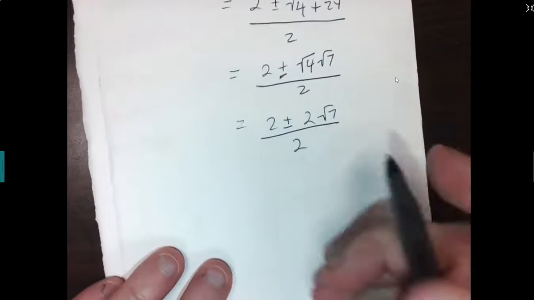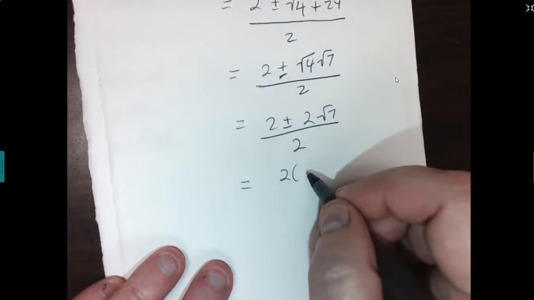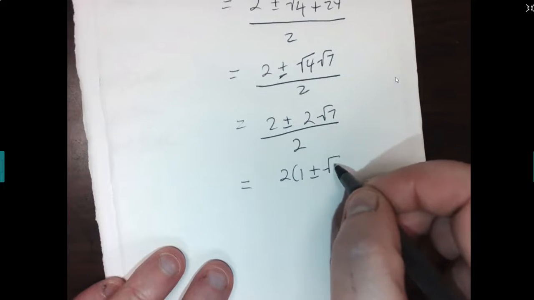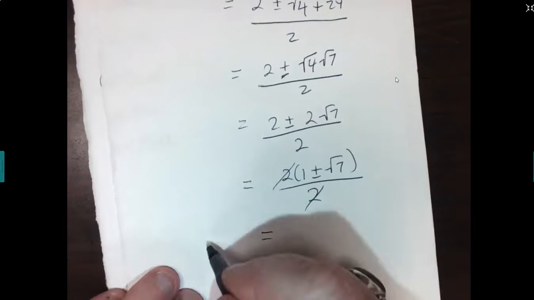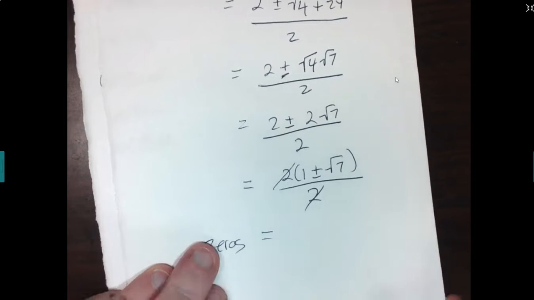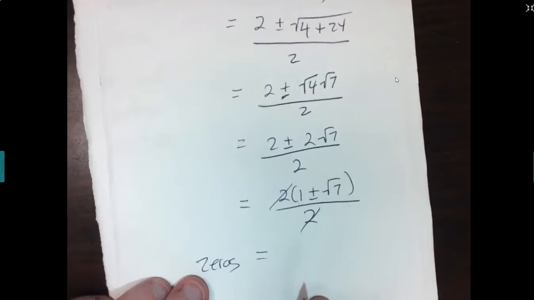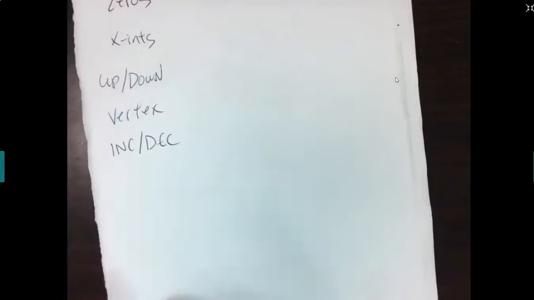Okay. Now I can factor a 2 out of the numerator. And now the 2's cancel. So I have two zeros. They are 1 plus the square root of 7 and 1 minus the square root of 7.